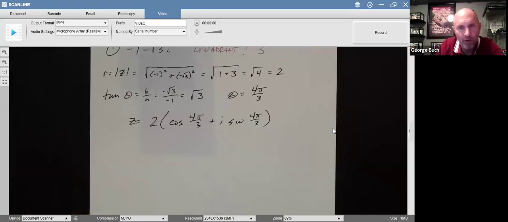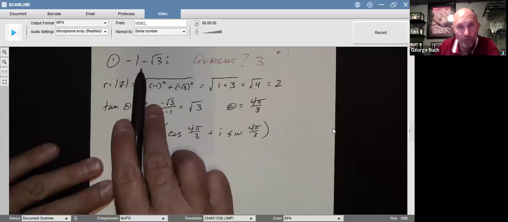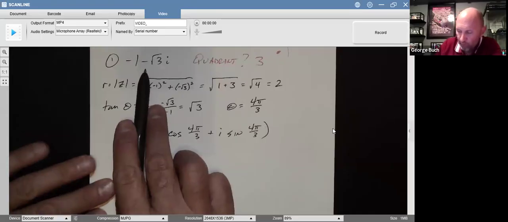So how can I figure out if this is correct or not? Well, the answer is just convert it back to a complex number. And if I don't get this as my answer, I know I've done it wrong. So let me check.